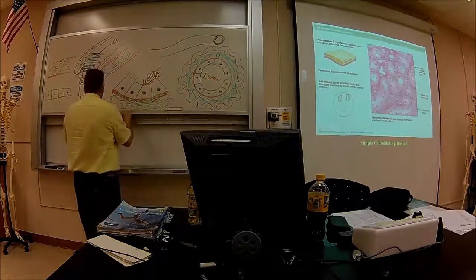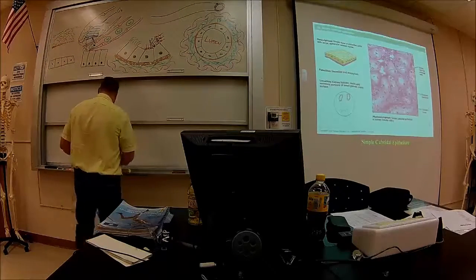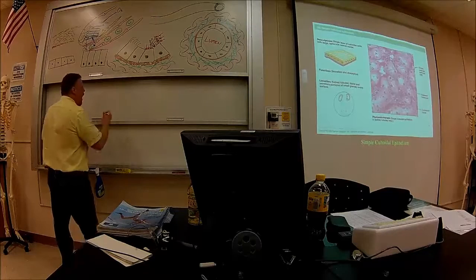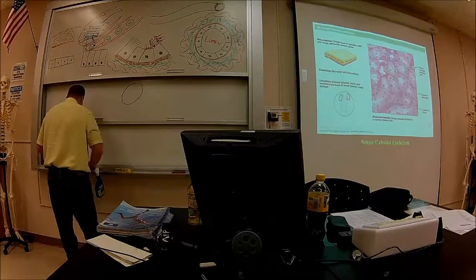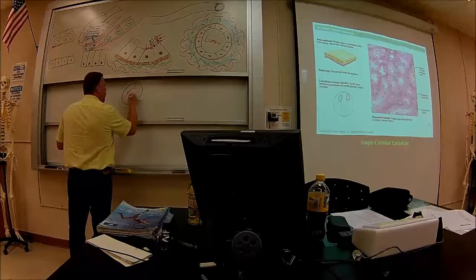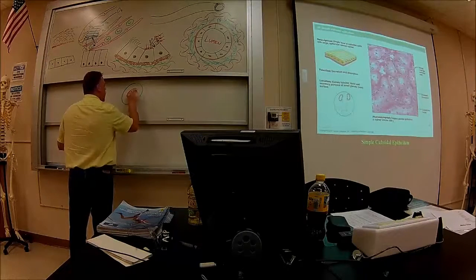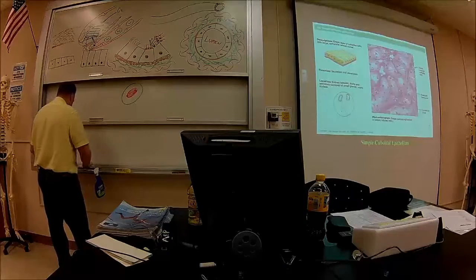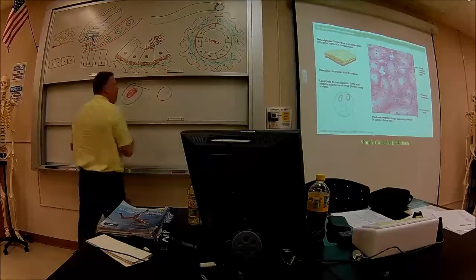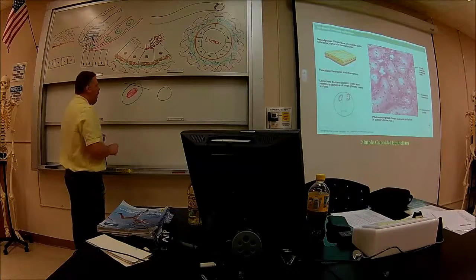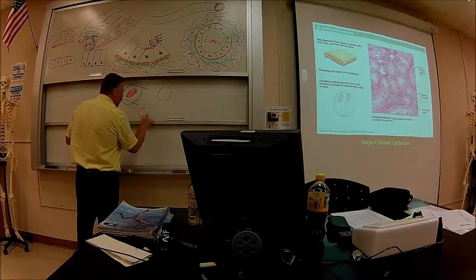If I was going to take an egg and the yolk is over here, if I slice it here, it's going to look like that. If I slice it here, it's going to look like that.